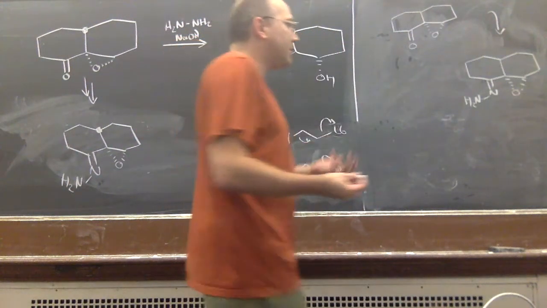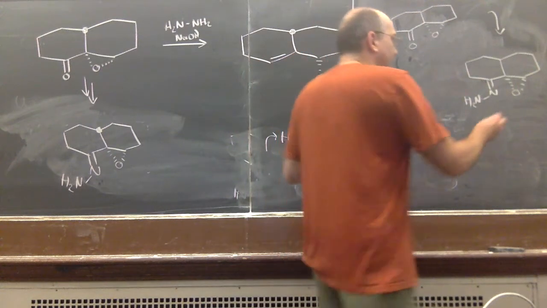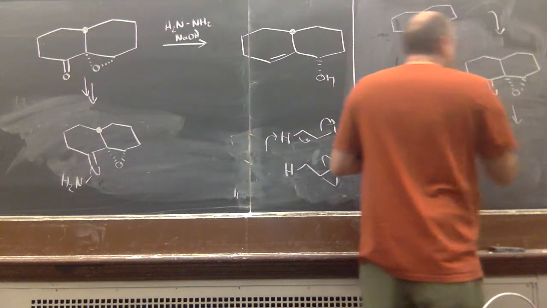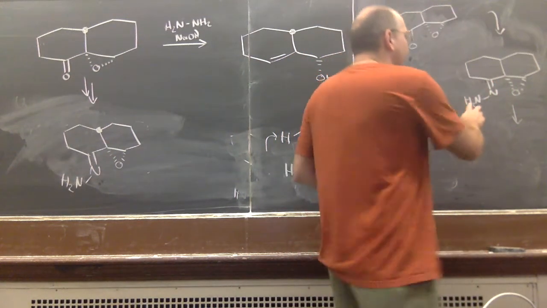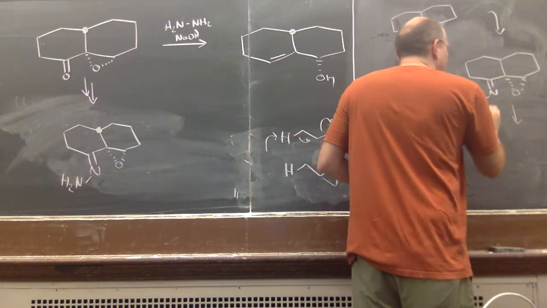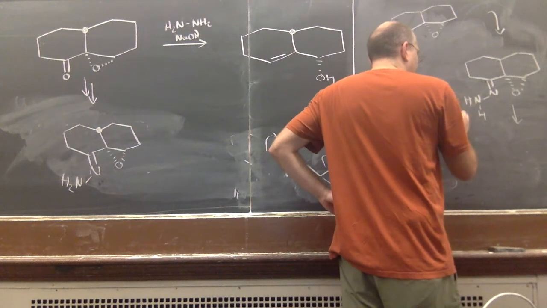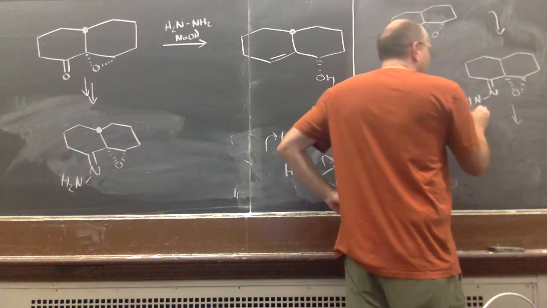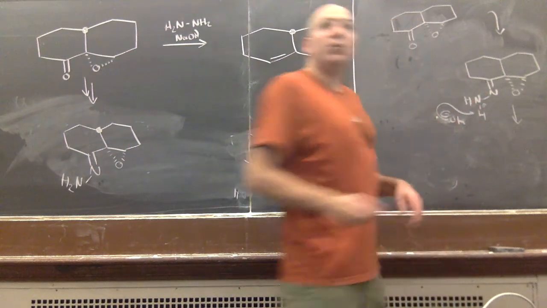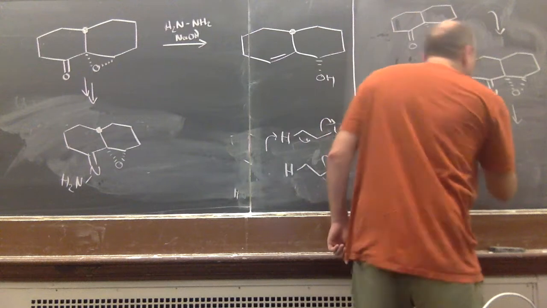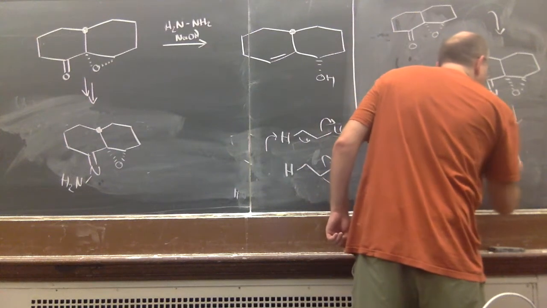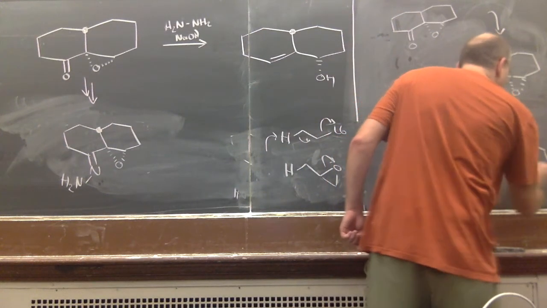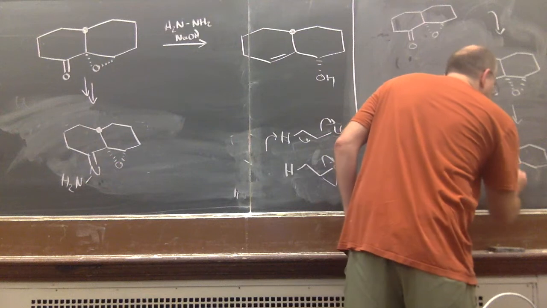And in this mechanism, the tautomeric form was, I'll just draw it out. They deprotonated one of these. I'll just draw the hydroxide. They deprotonated one of these, right?